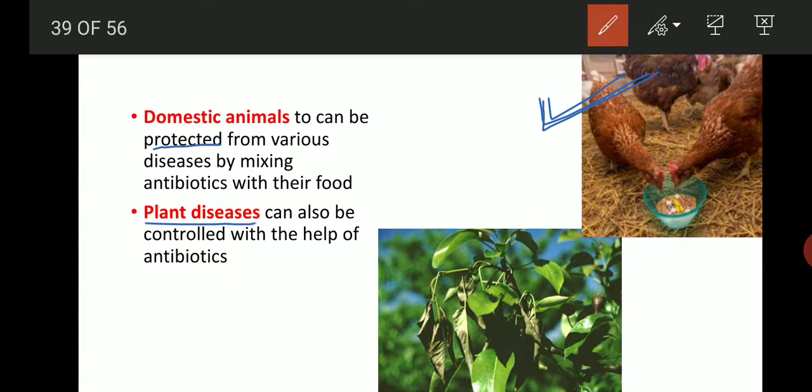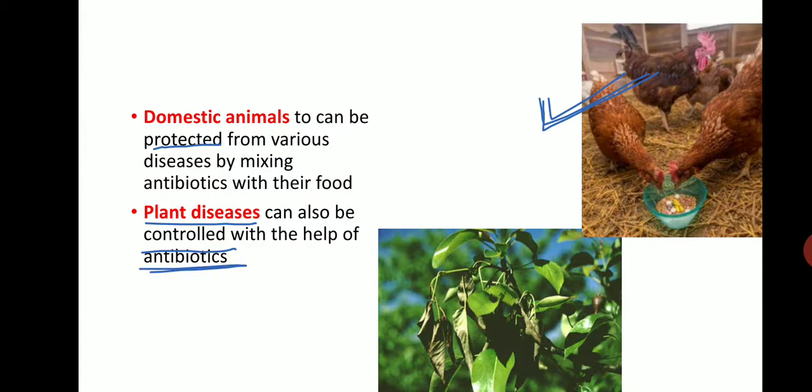Plant diseases can also be controlled with the help of antibiotics. So antibiotics are very useful to human beings, and also to plants and animals.